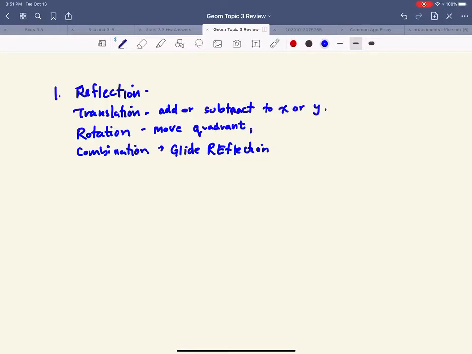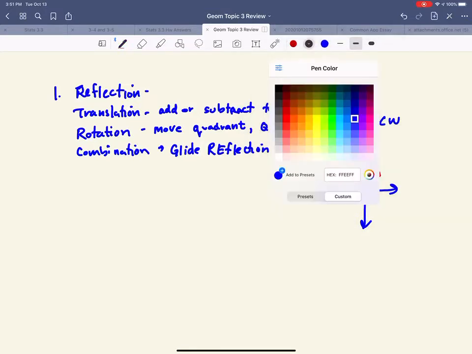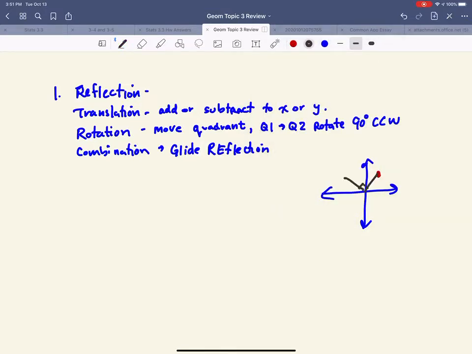So I might move from quadrant 1 to quadrant 2 if I'm going to rotate 90 degrees counterclockwise. Does that make sense? So again, if I'm a point here and I rotate 90 degrees, then now I'm here. Notice I went from quadrant 1 to quadrant 2. So rotation's moving from different quadrant to quadrant.